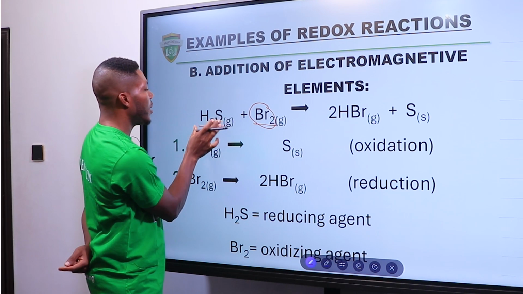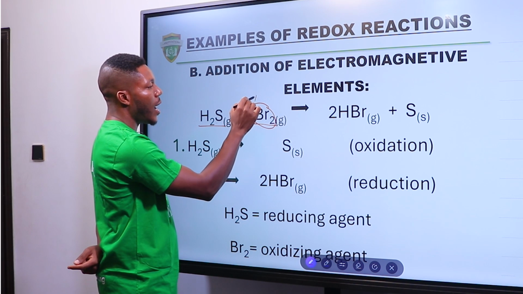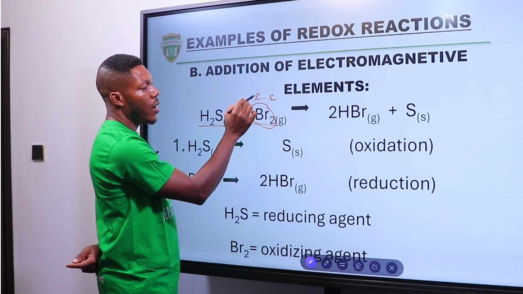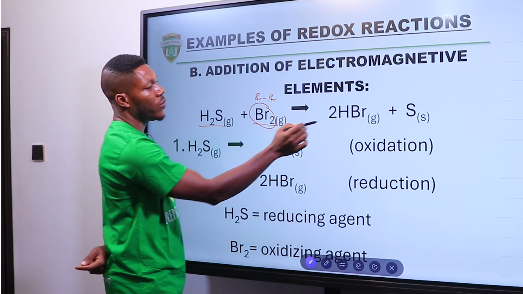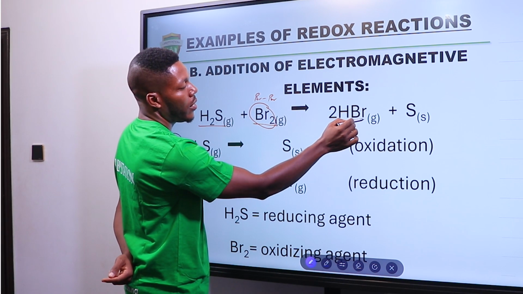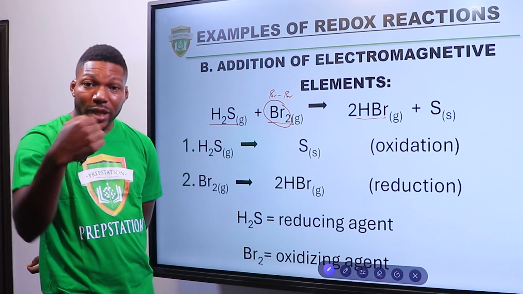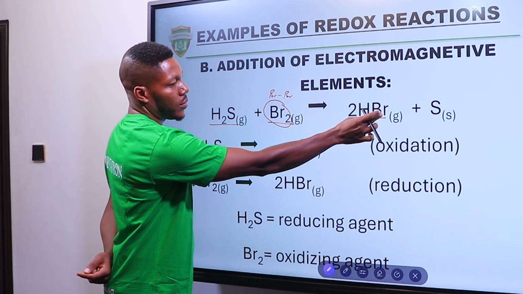This is my reactant, H2S plus Br2. One of these Br displaces sulfur from this compound and becomes HBr. So now we are adding a more electronegative element to the hydrogen at this point.